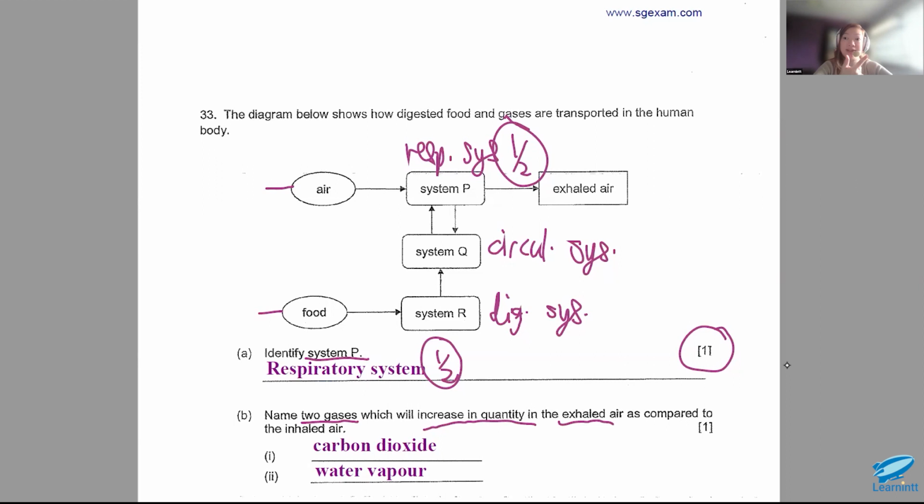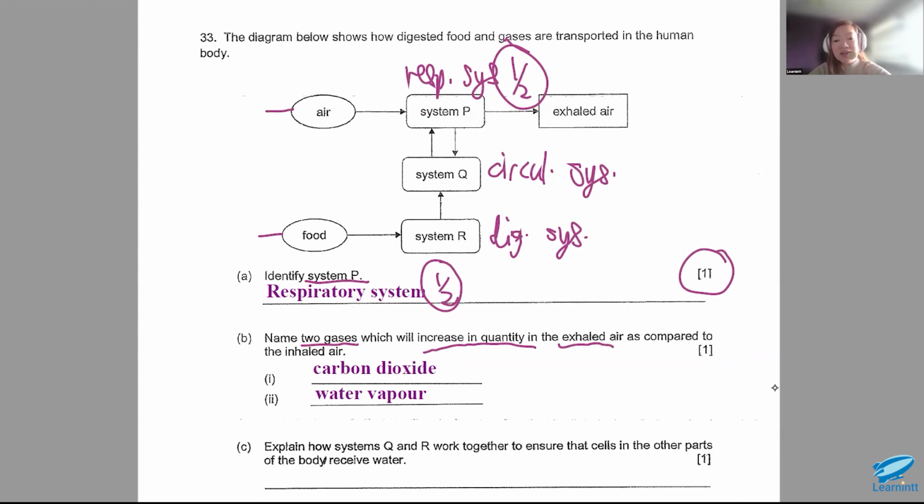Because of the word water. Humans are very quick to judge certain things sometimes, right? So the moment you think of water vapor, you only hear the word water. That's the problem. Vapor is gas itself. So water vapor is water in the gaseous state. Always remember that. So the answer is water vapor and carbon dioxide. Half a mark for this, half a mark for this, total 1 mark.